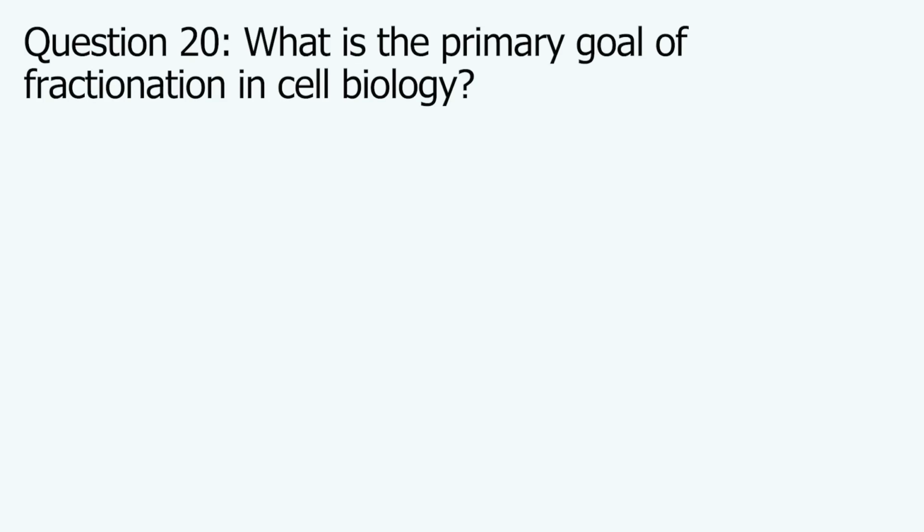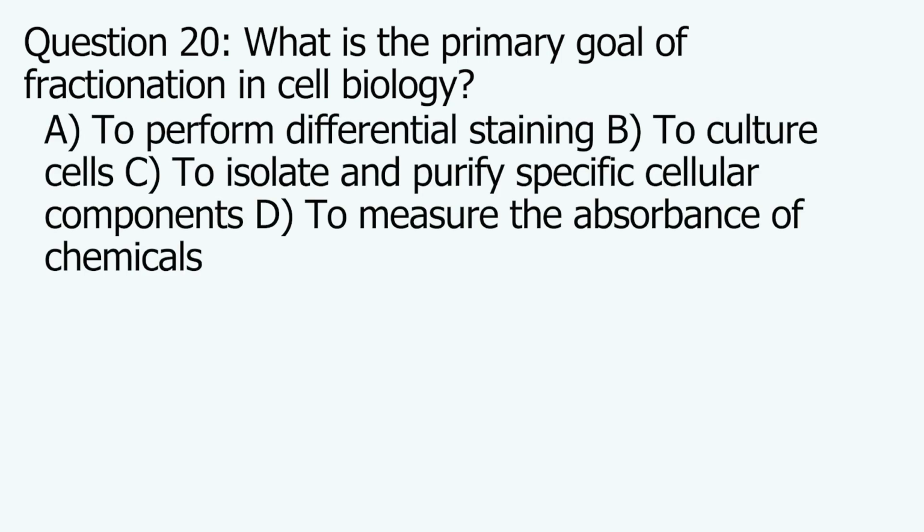Question 20. What is the primary goal of fractionation in cell biology? A. To perform differential staining. B. To culture cells. C. To isolate and purify specific cellular components. D. To measure the absorbance of chemicals.